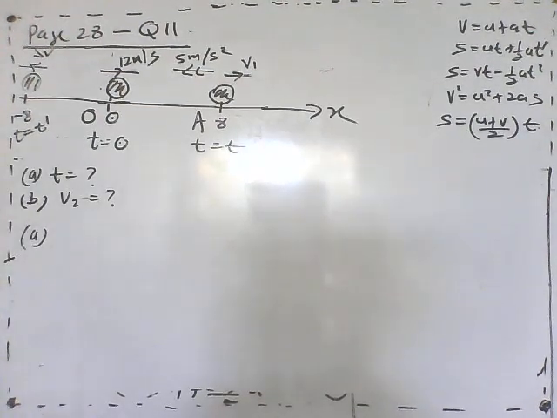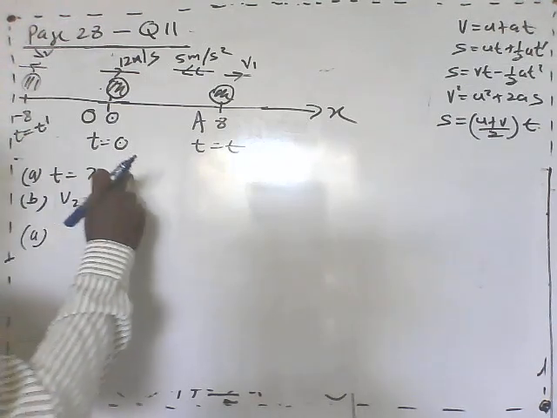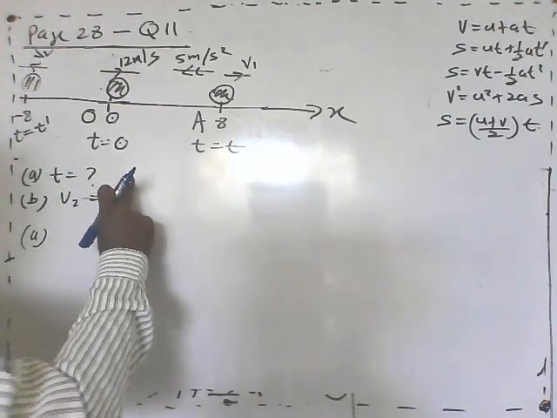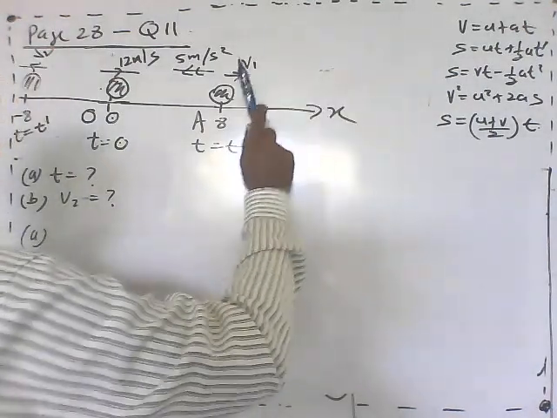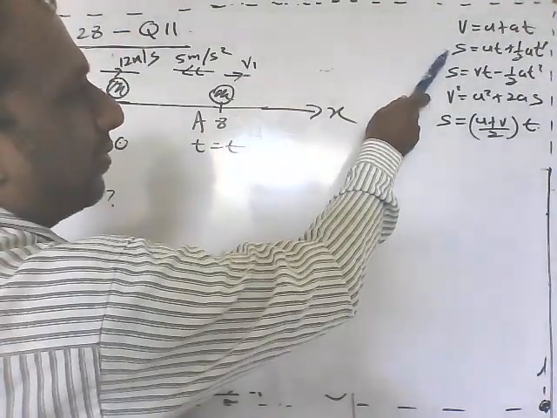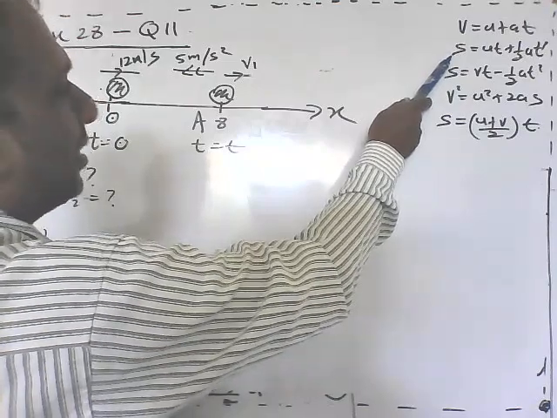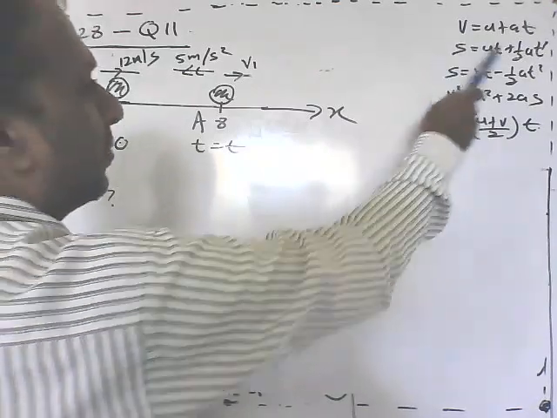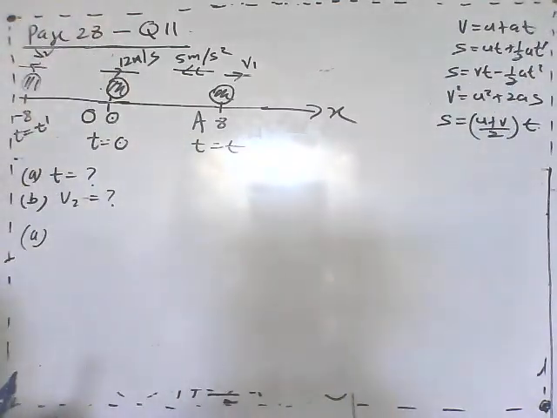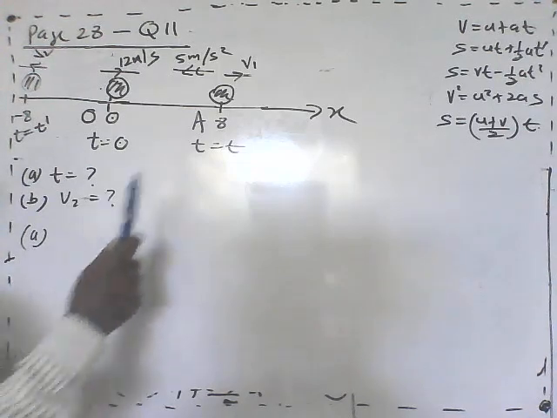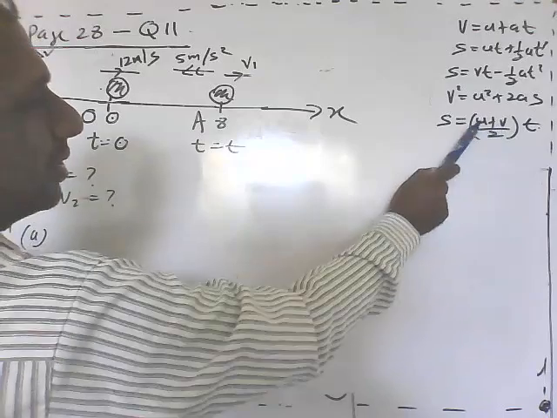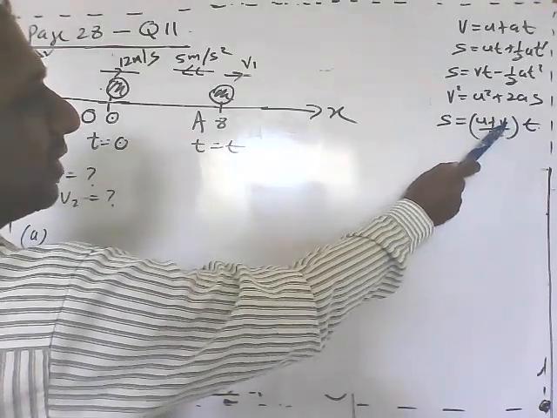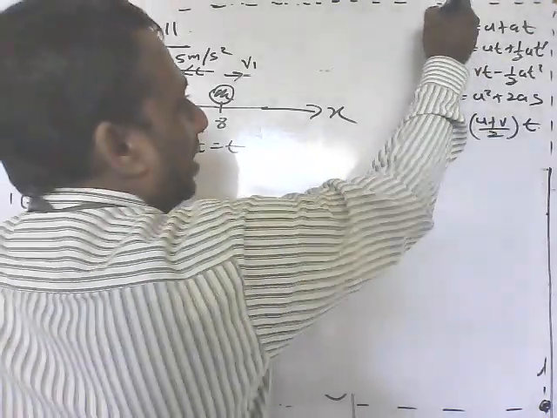Right, to find t, we want nothing else. If we take v equals u plus at, the final velocity is involved, but if you take s equals ut plus half at squared, only the time factor is involved. So I will use that. The other one also involves the final velocity, we can't use that.